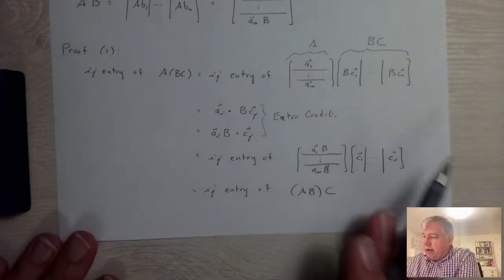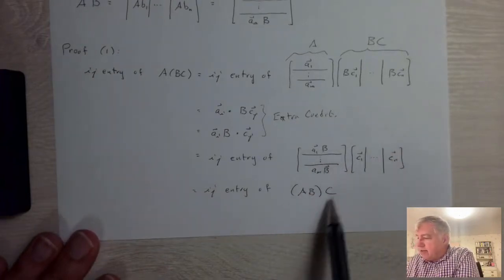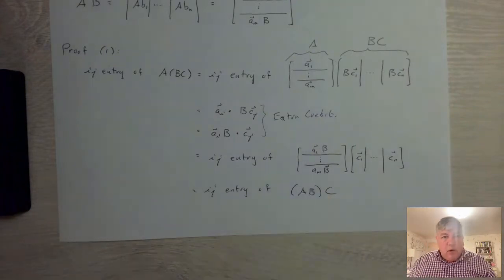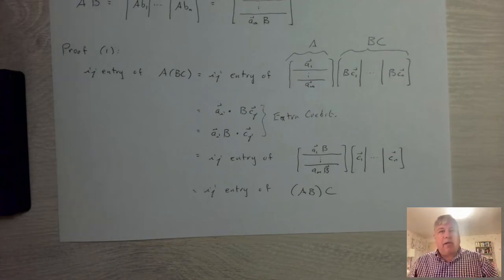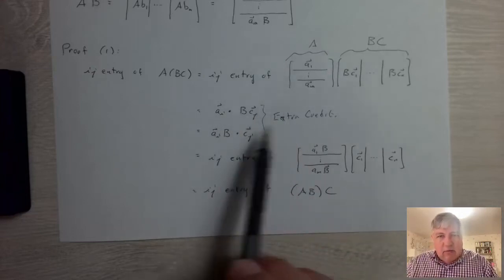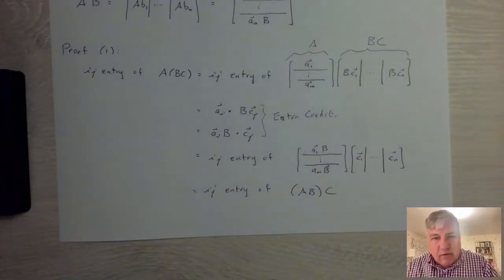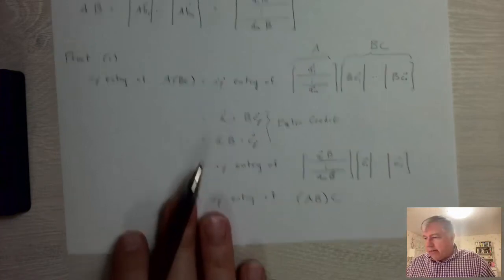And then we said this is AB and this is C. You are not going to have to reproduce this on a test. I know that's what you want to hear, but I just wanted to show you how the proof would go. And as for the extra credit, I'll reformat this so it's in a slightly friendlier scenario.